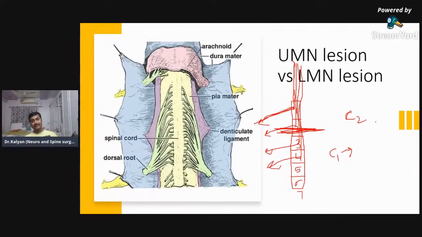Now, what happens to the C2 segment? Will there be weakness? If there is weakness in C2, will it be LMN weakness or UMN weakness? Dr. Ramanathan says C2 weakness will be there and it will be LMN.